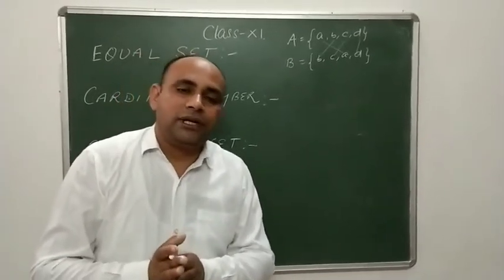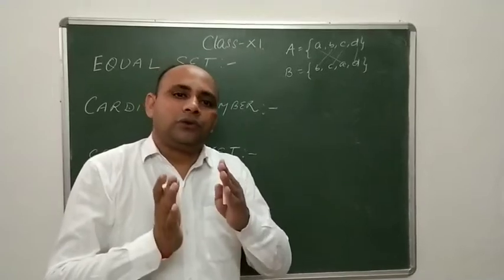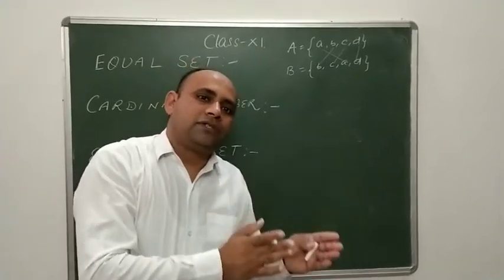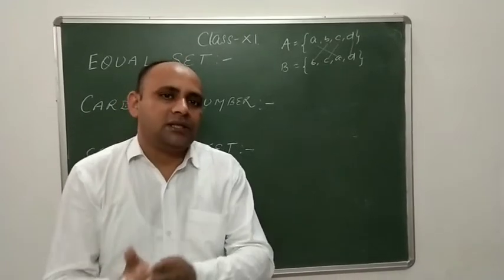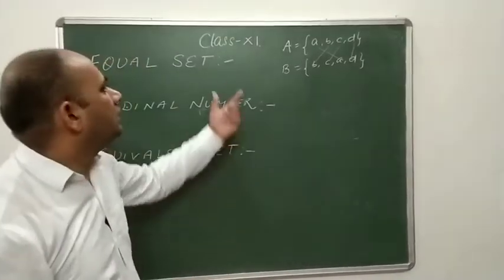What is the condition for equal sets? If all elements of set A are in set B and all elements of set B are in set A, they are called equal sets.